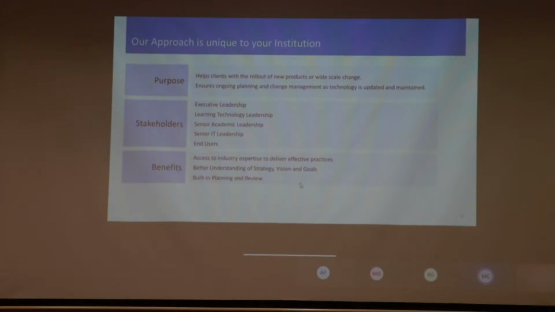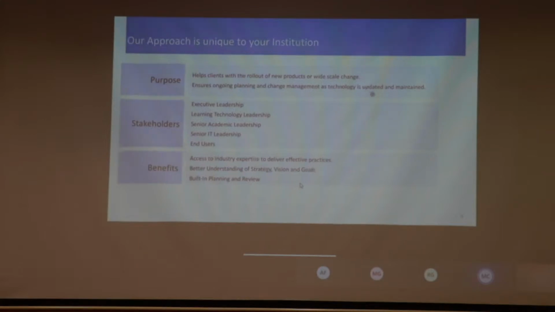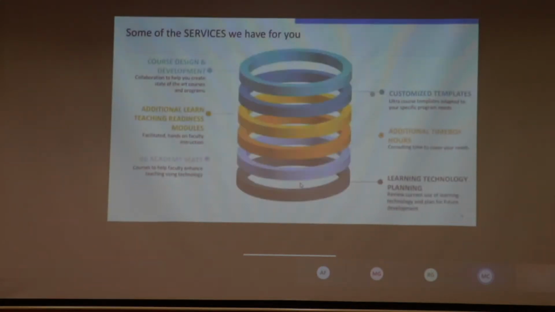And then we want to come with a plan that we want to build together with you. We call it learning technology planning, and this is something that we do every time we start working with you.